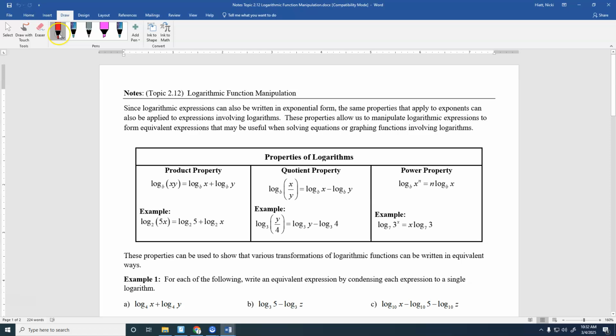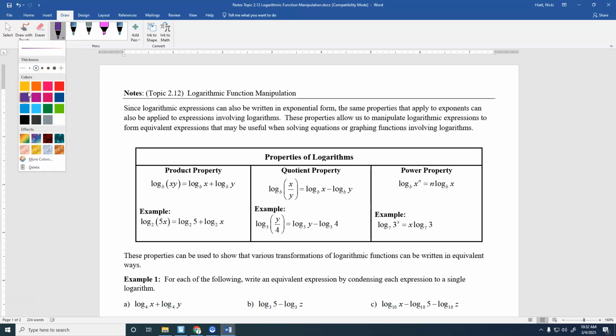So for this, our product property tells us if we have log with a base of b, in this case, of x times y, we can break that into log base b of x plus log base b of y.